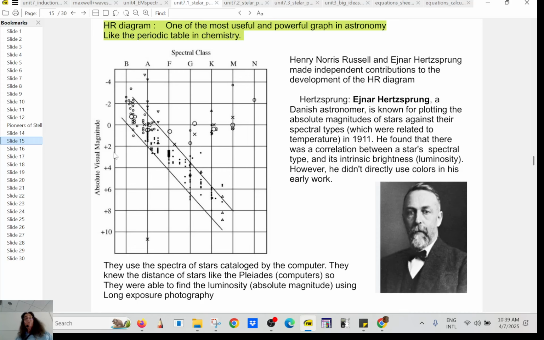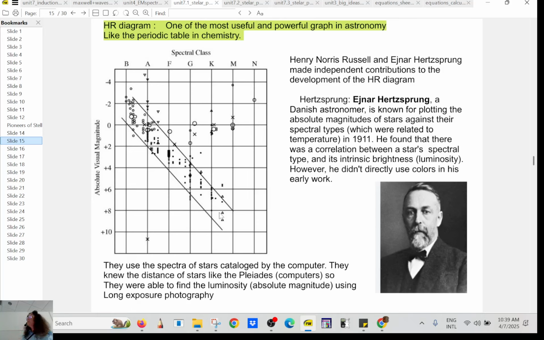If you go from 0 to 4, it will be multiplied by 10,000. So what does that mean? It means that hot, blue stars are very luminous, and red or small stars will be dimmer. And that will define how long they're going to live.